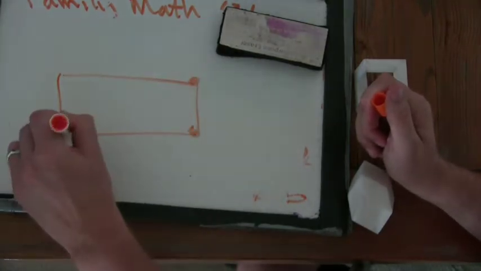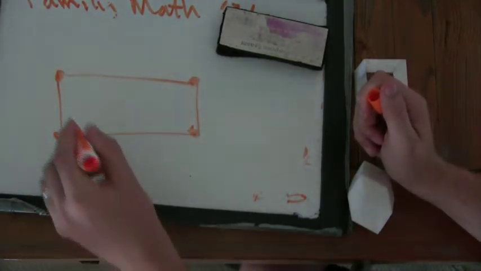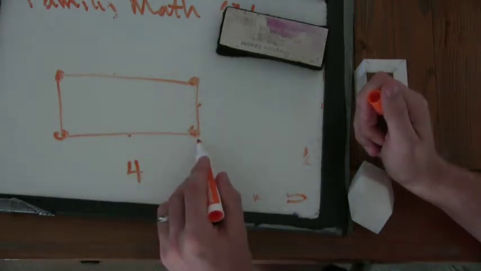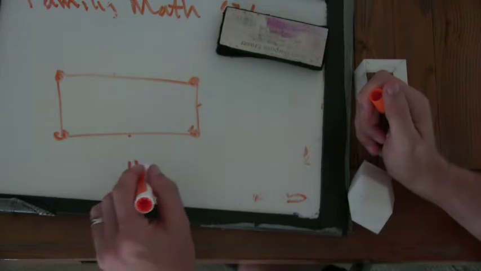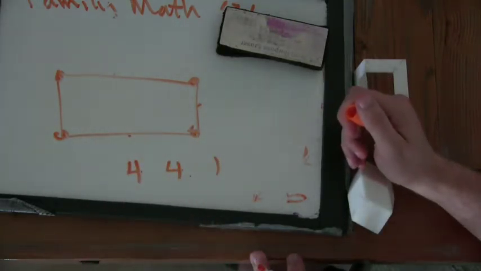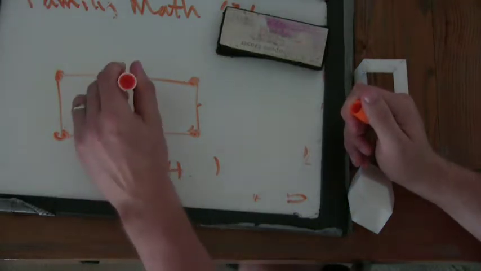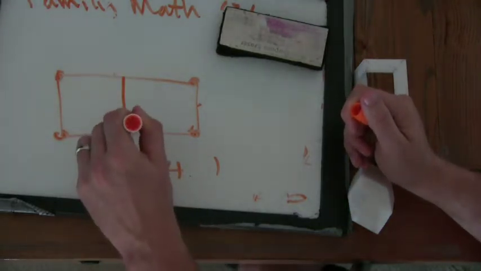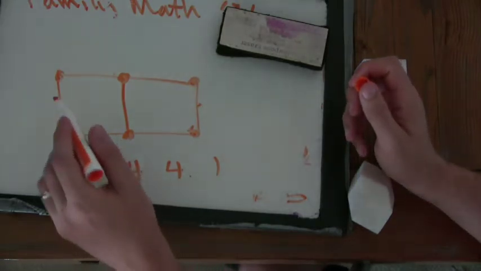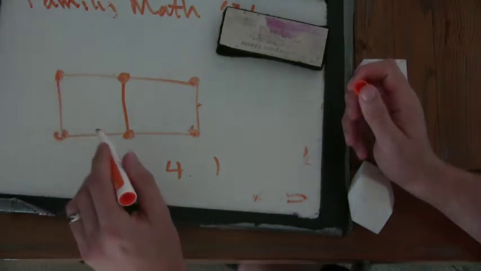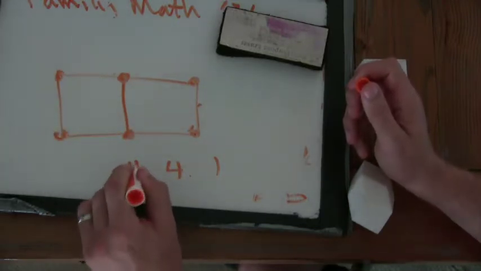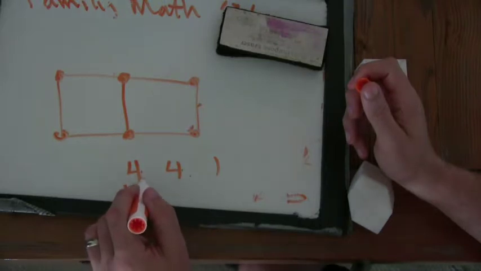so I have 4 vertices, 4 edges, 1 face. All right. And I chop it into 2 bits. I get now 6, I'll say these are the vertices. 6 vertices.